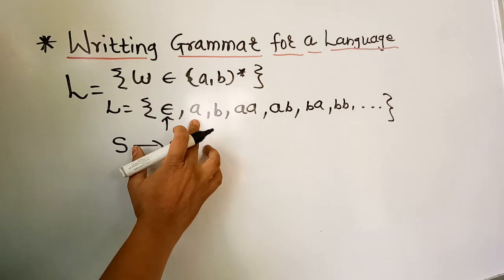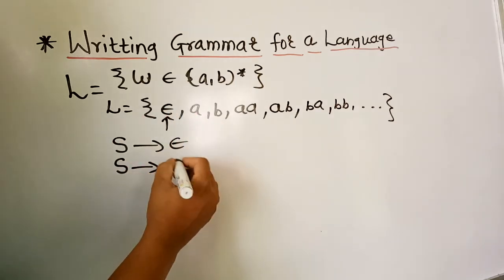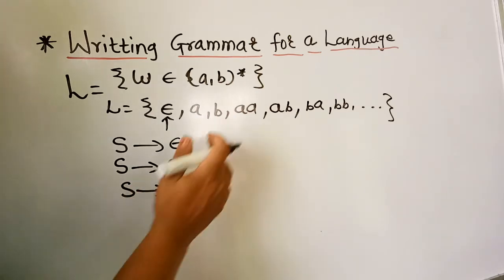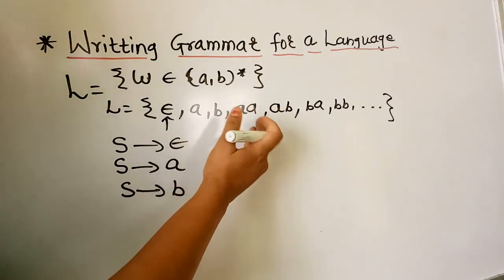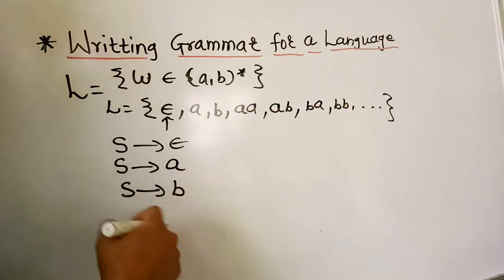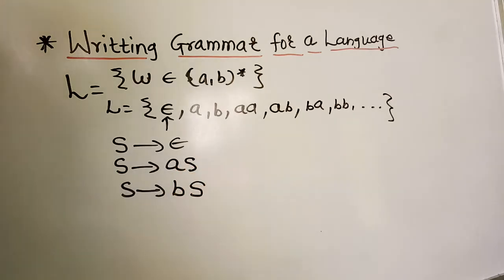Means compulsorily one production rule for the grammar will contain A and one will contain B. Now see here A is double time, then again B is double time, means it is recursively calling itself, so it is A's and B's.